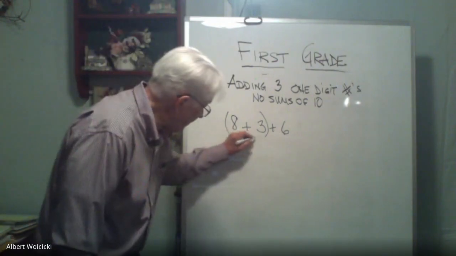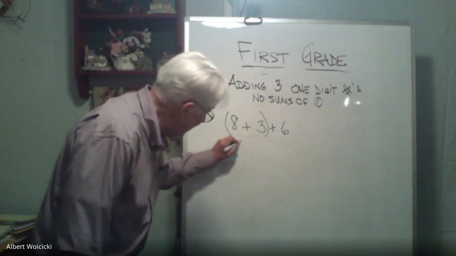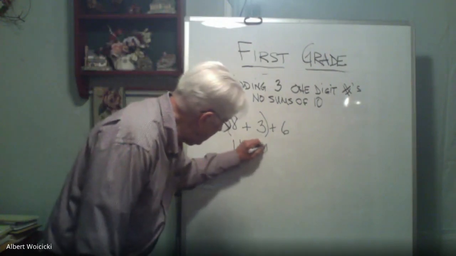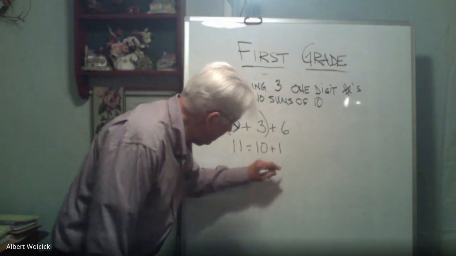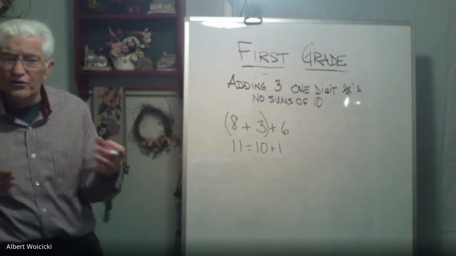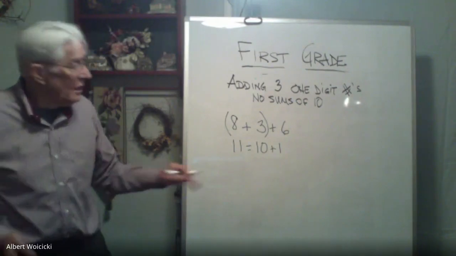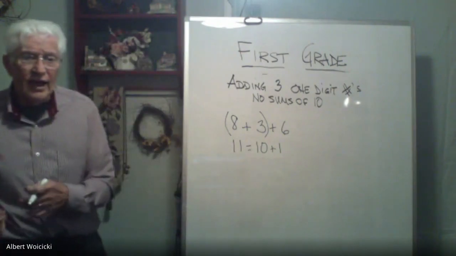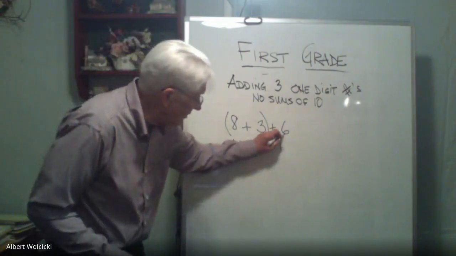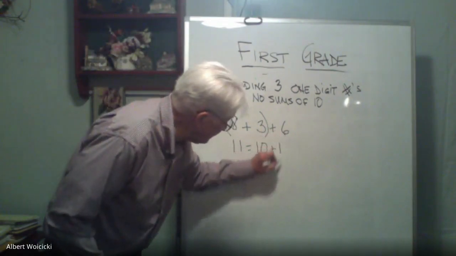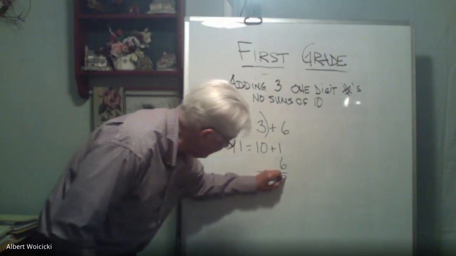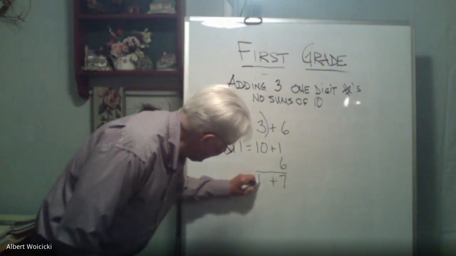So right here 8 plus 3 has to be 11, which is equal to 10 plus 1. That's what this is. It's 10 plus 1. And this is what you're introducing in first grade. You're introducing the tens place and the power of the tens place. Okay? And then you're adding 6 to that. So the 6 is a ones place number. When I add those together, the 6 and the 1 make the 7. And I still have my 10.